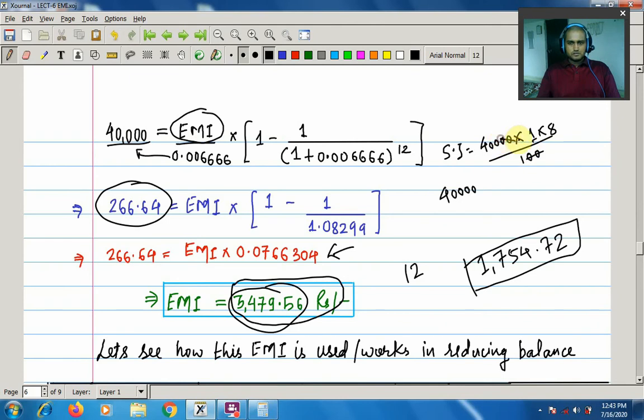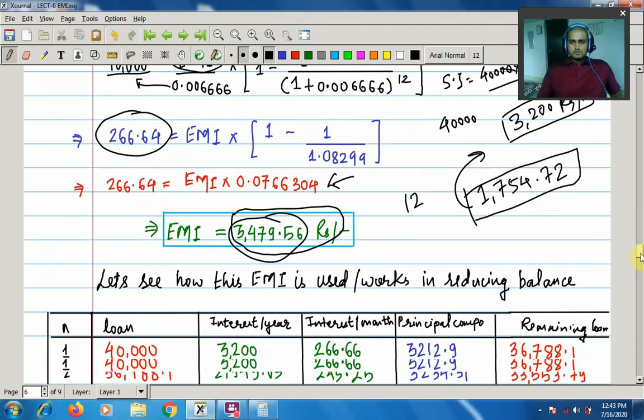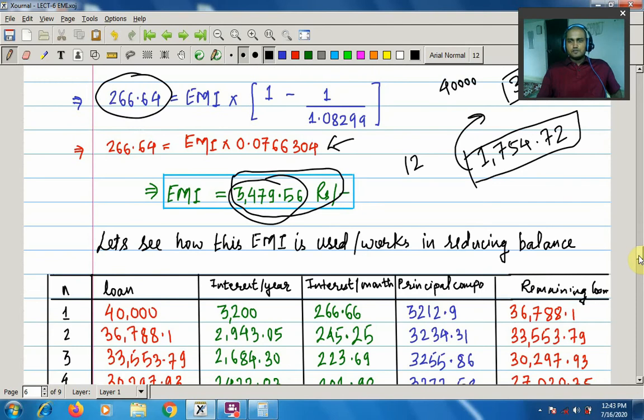So 400 into 8, you are paying 3,200 rupees as interest in flat rate of interest. So you're paying almost double in flat rate of interest as compared to the reducing balance. So that formula already gives you a very small EMI, and it is on reducing balance.